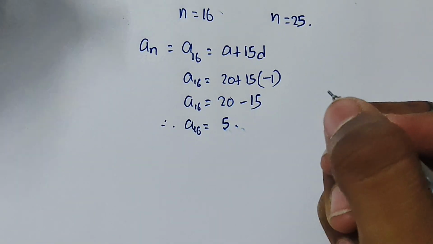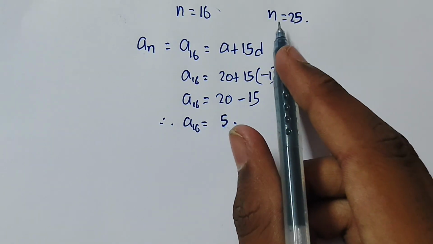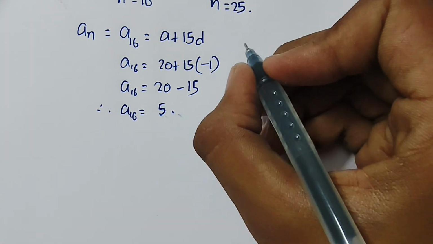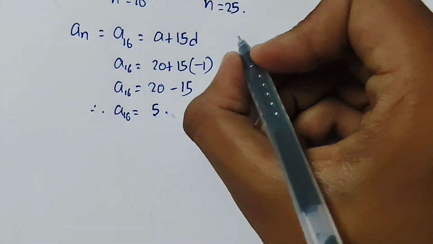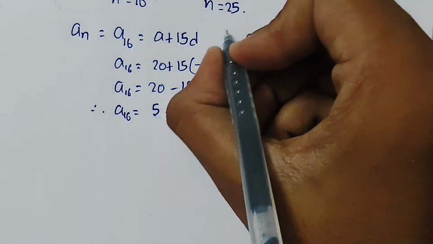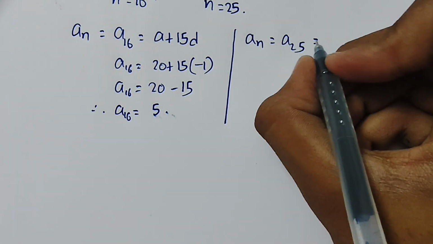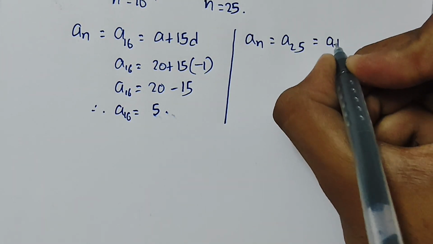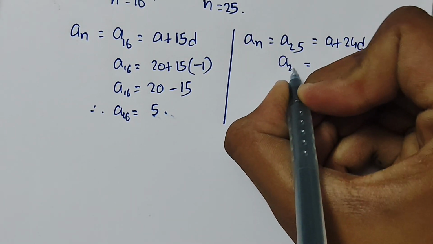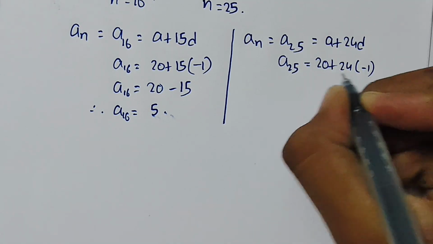Understand? And there is also a second case, that is n is equal to 25. If we take n is equal to 25, what will be the value? So let us check. A base 25 is the second case. So a25 can be written as a plus 24d. The value of a is 20, and the value of d is minus 1.